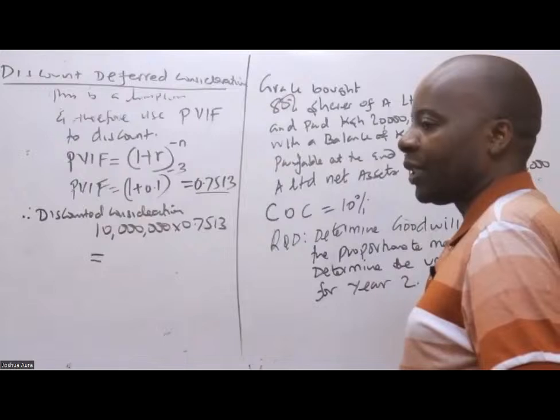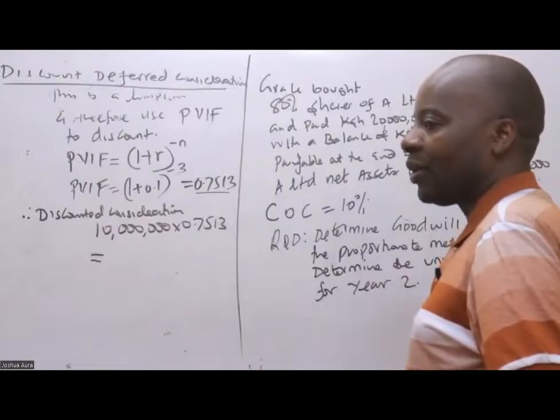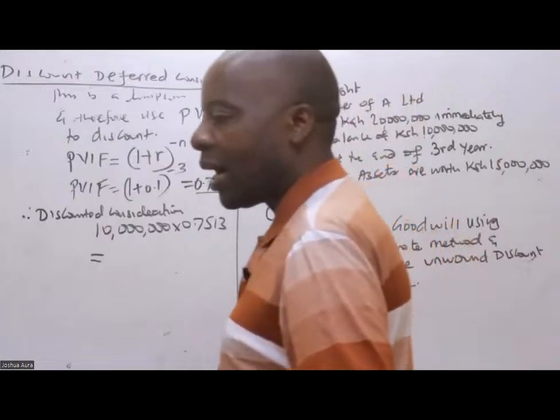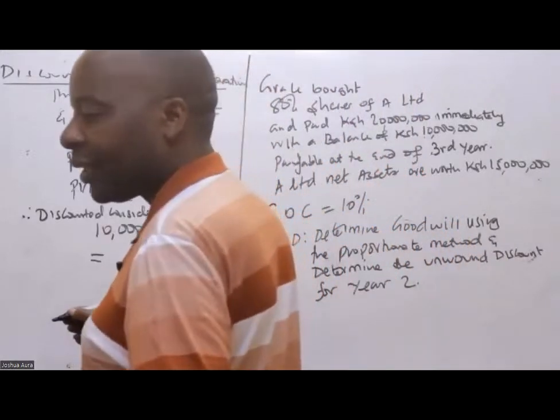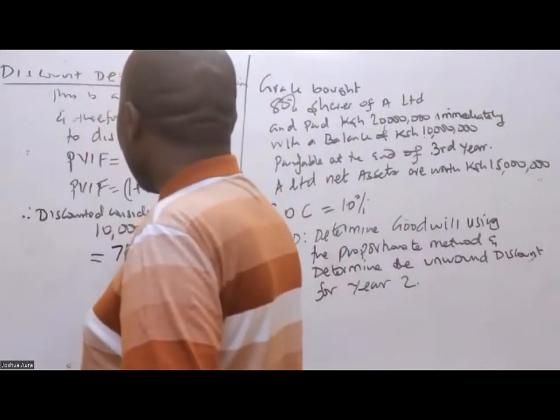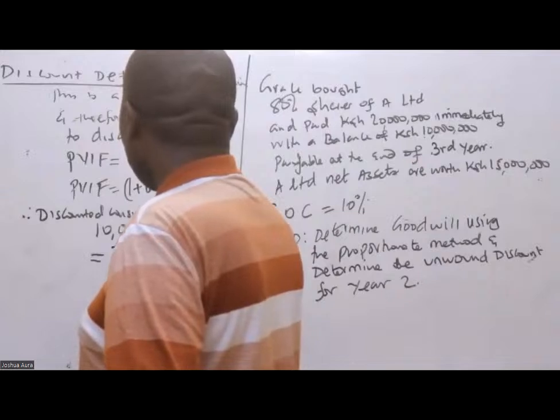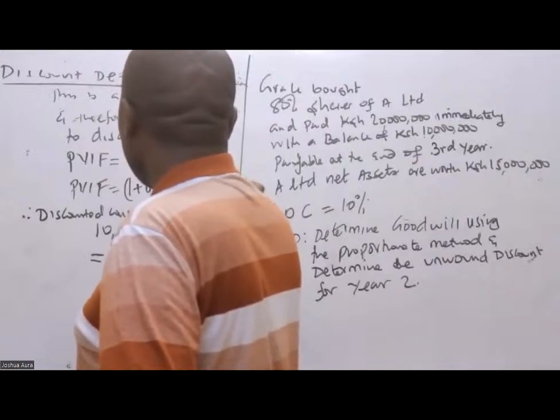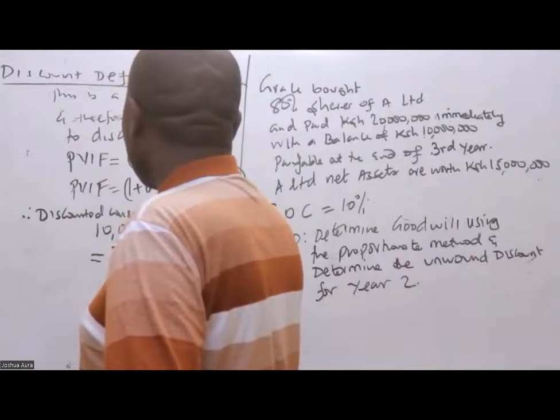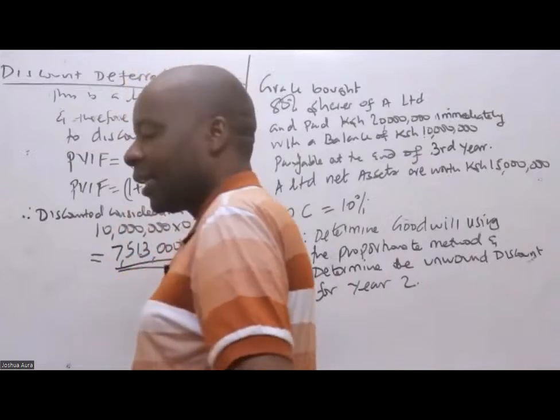According to Mona, we have 7513, which is 7,513,000 when we value it to 4 decimal places.